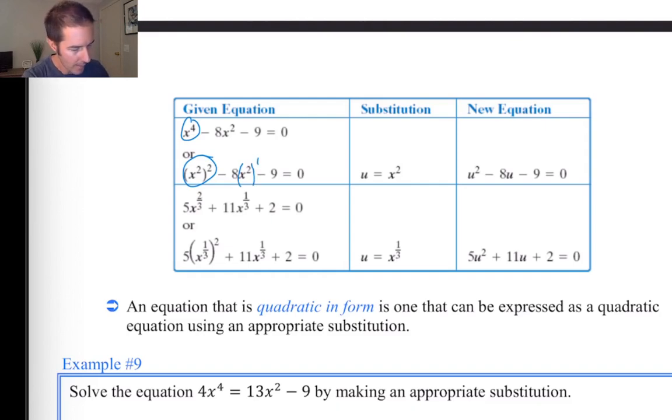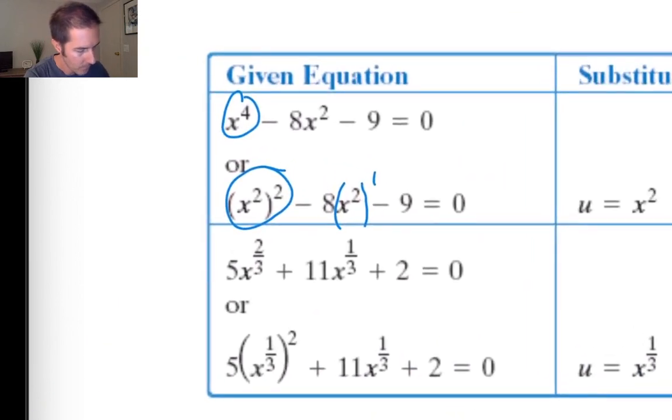So you have something squared minus 8 times something to the 1st power minus 9. So the idea is that this exponent of 2 and this exponent of 1, which we don't normally write, makes this look more like a quadratic. Forget that the thing that I highlighted in green says x squared.